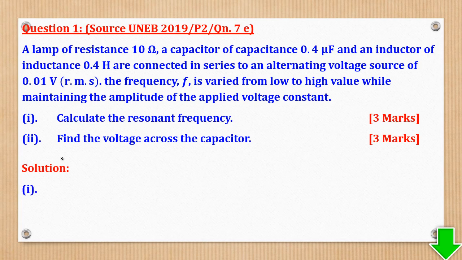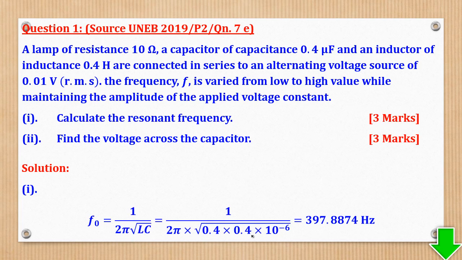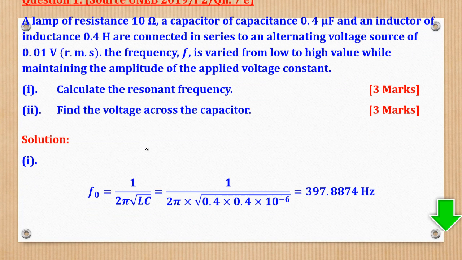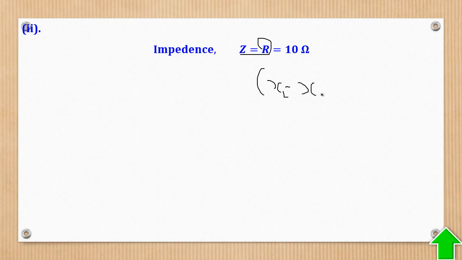So here we say that resonant frequency is 1 over 2 pi square root LC, which gives you that as the resonant frequency. Then for the voltage across the capacitor, we need to first get the impedance. Remember, impedance in this case is equal to resistance because the other term, XL minus XC, was equal to 0.